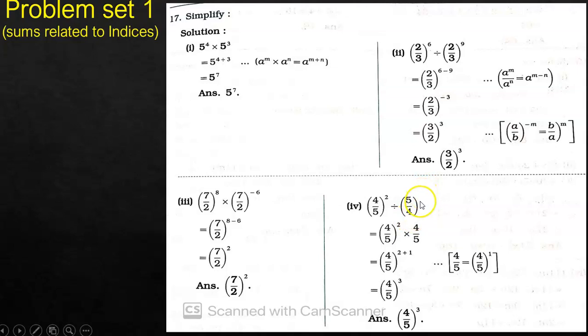This division becomes multiplication. So I get 4 upon 5 raised to 2 multiplied by 4 upon 5 raised to 1. So I have 4 upon 5 raised to 2 plus 1, which is 4 upon 5 raised to 3.